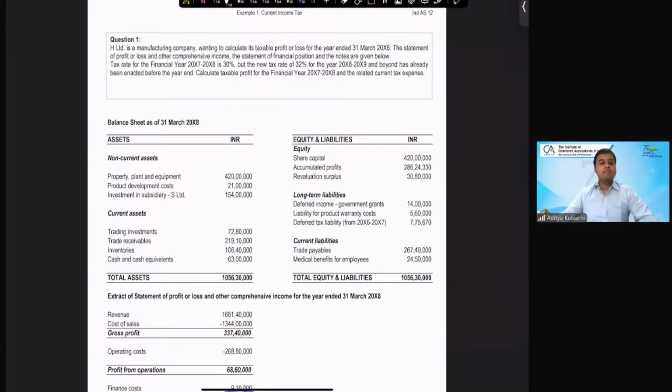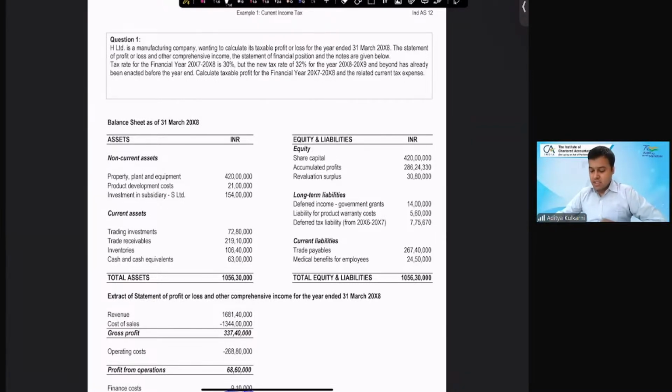Obviously, this type of preparation of computation is not something that is seen in the examination, but you will look at the accounting implications of this.